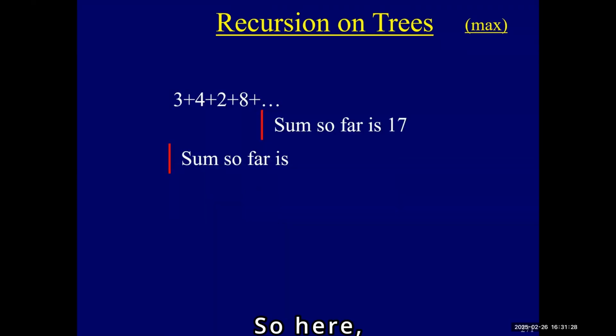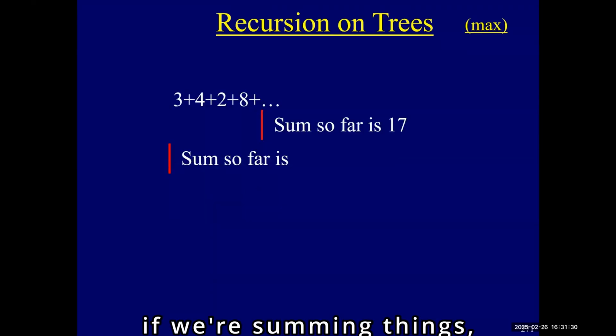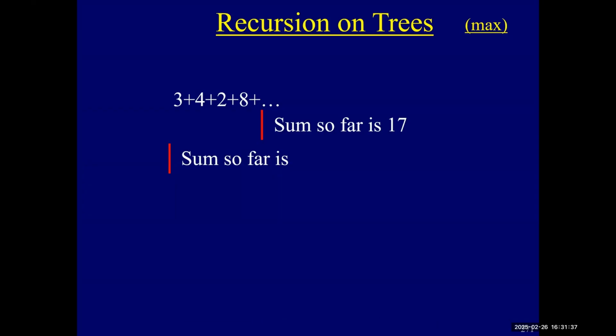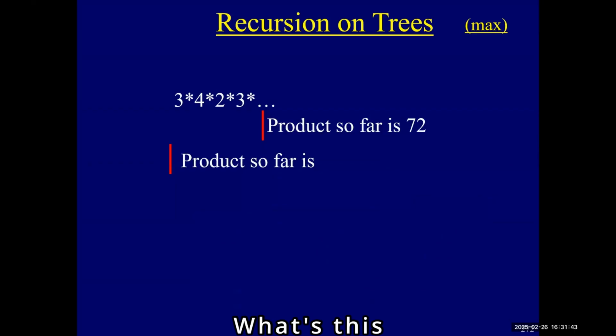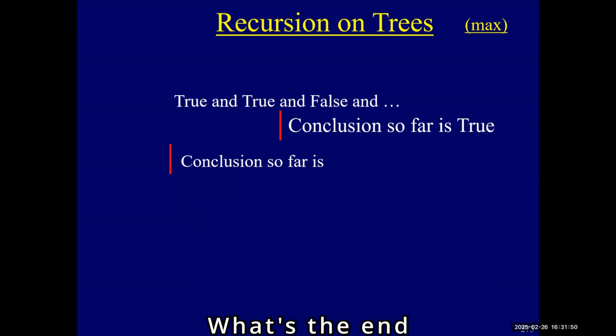So here, if we're summing things, what's the sum you want to start with? 0. The sum of nothing is 0. What's the product of nothing? 1. What's the and of nothing?